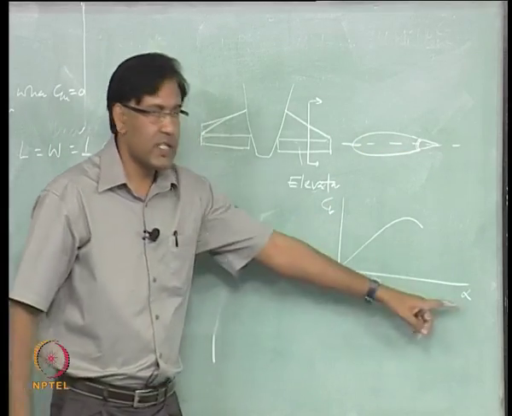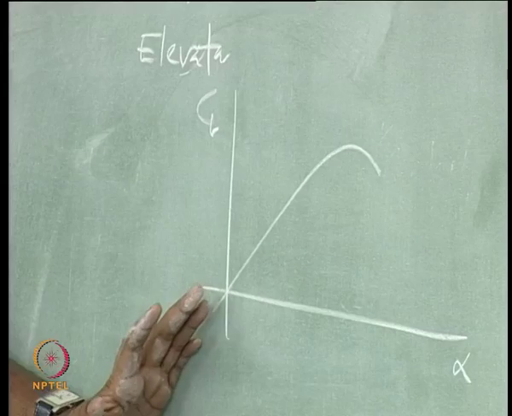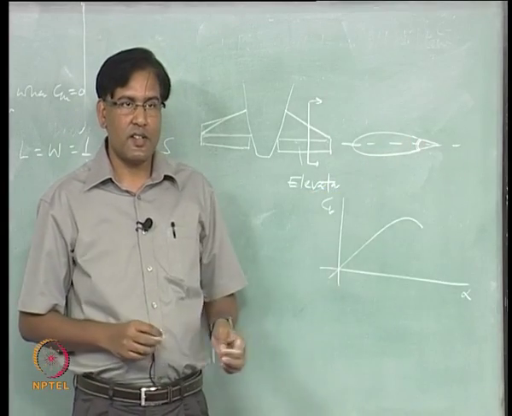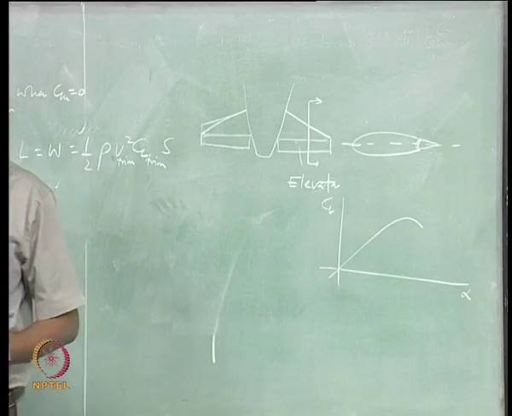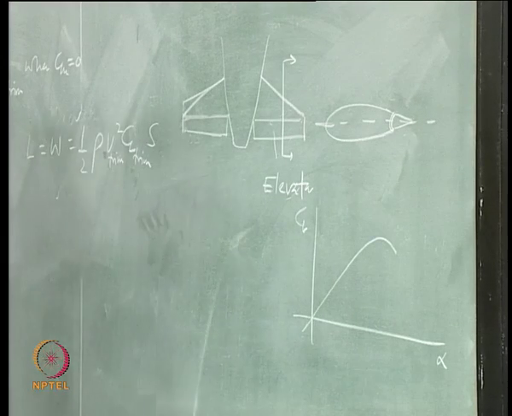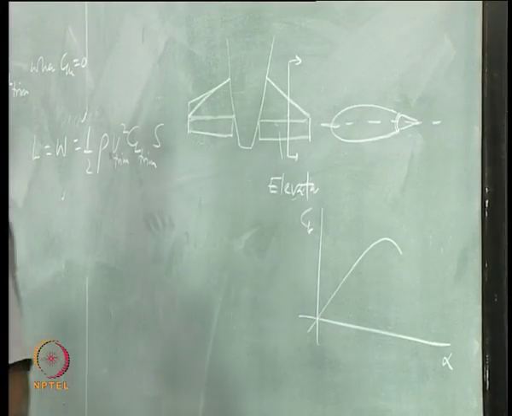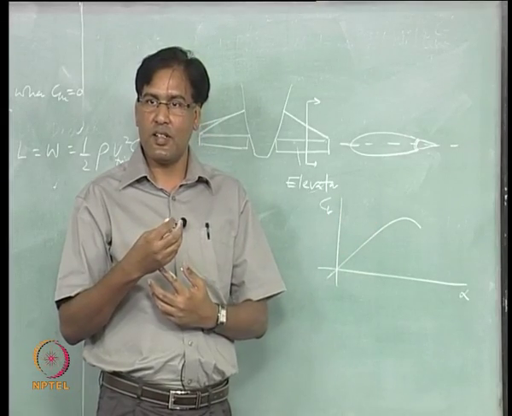So, CL versus alpha is this for a symmetric airfoil, right. How is it going to change when you change this? So, which way do you deflect when you get higher lift? Down, right, because the camber is positive, right.